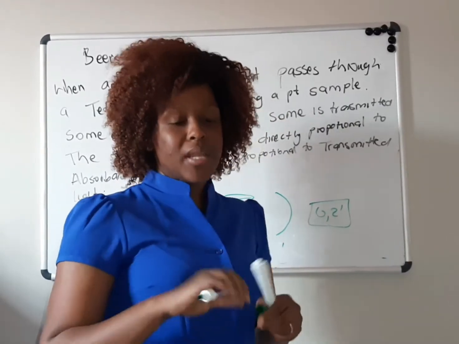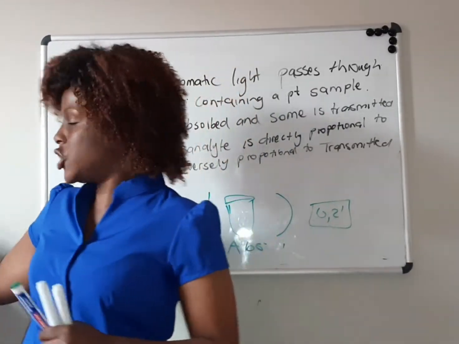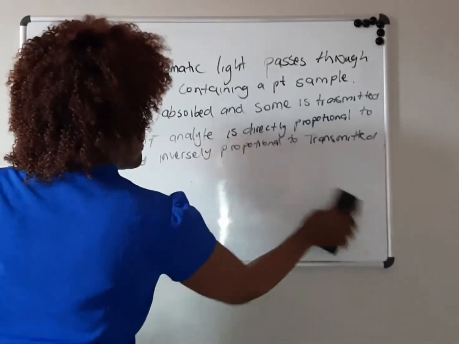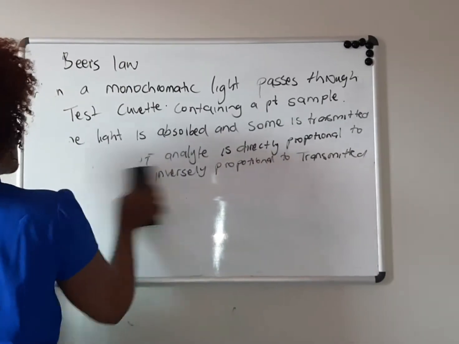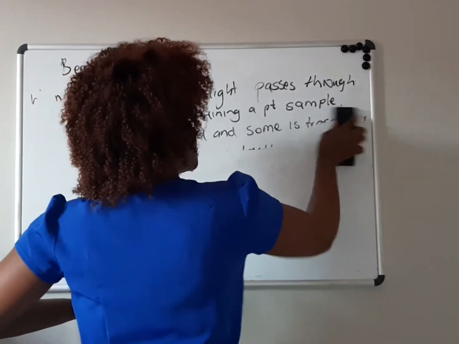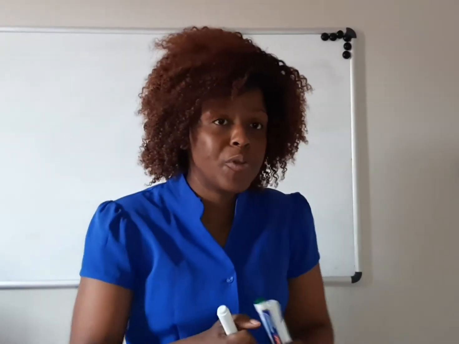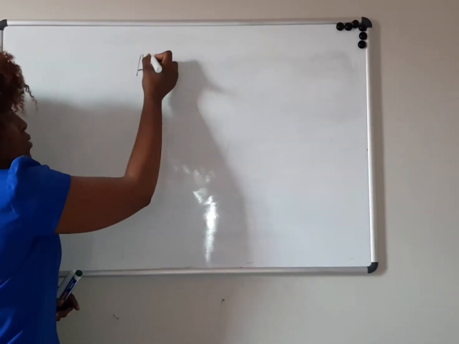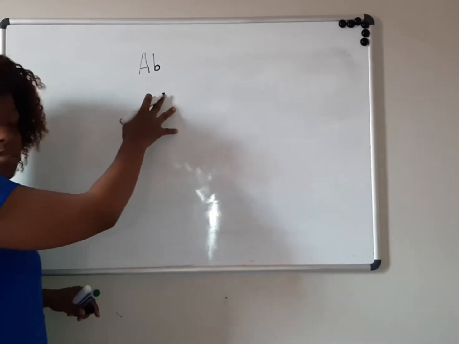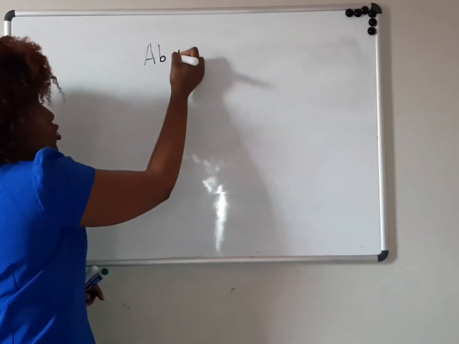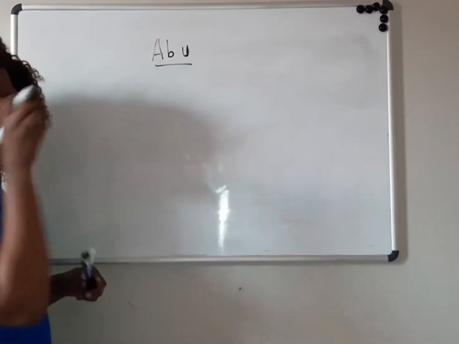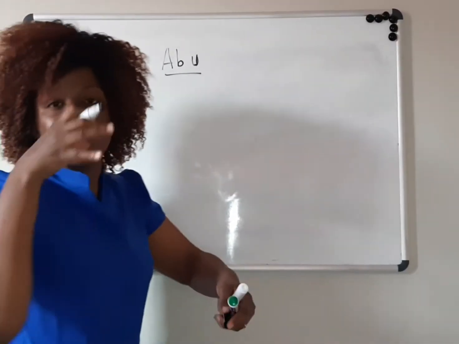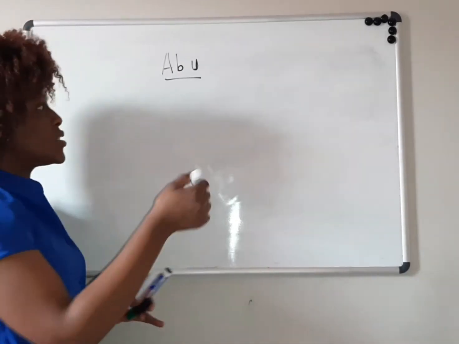So let's start with an example with a calculation. We present this Beer's law in a formula. It is the absorbance of an unknown, which is going to be U. The unknown will represent your patient sample, because you don't know the concentration of that analyte in the patient sample.